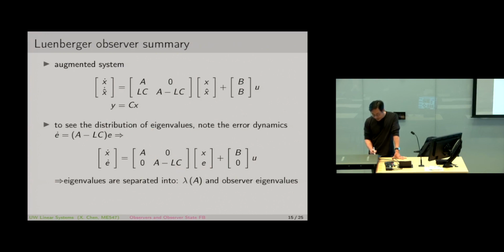We still have X dot equals AX plus BU, and we previously analyzed the error dynamics, E dot equals A minus LC times E. That's it. If we look at the augmented system this way, we can see even more clearly that the eigenvalues come from just these two. We don't change the state dynamics. The eigenvalues of the original system don't change. We can change the observer eigenvalues arbitrarily if it's an observable system.